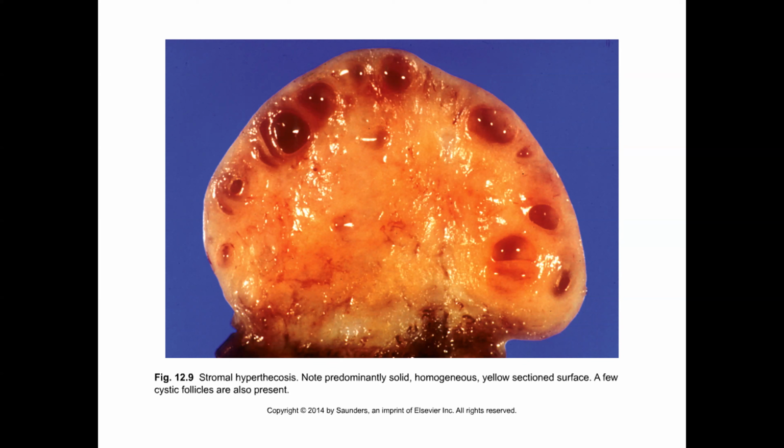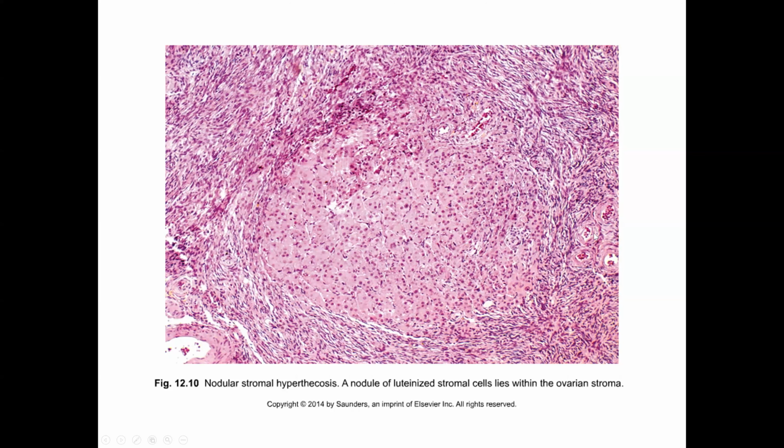the presence of corpora albicans. Stromal hyperthecosis or thecosis, evidenced by a very prominent yellowish color to the stroma, may be associated with extensive luteinization. What constitutes extensive, and when do you make that differentiation?